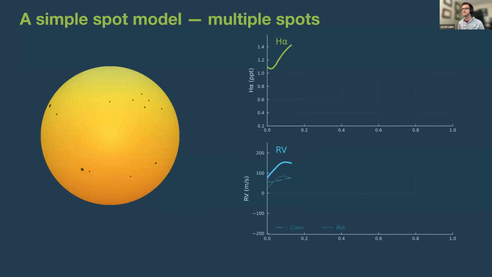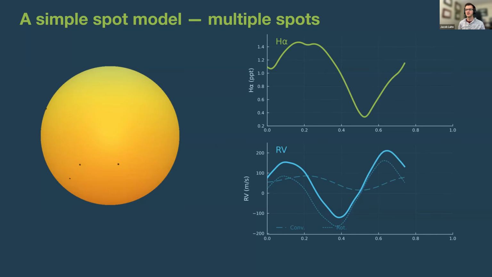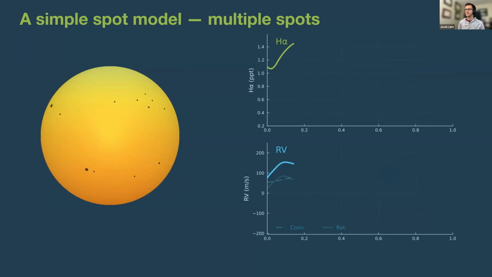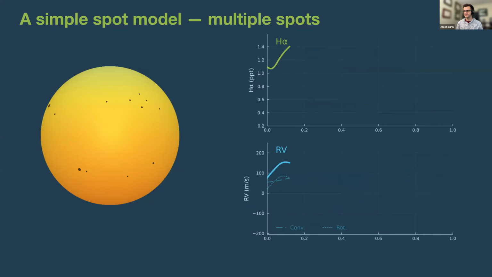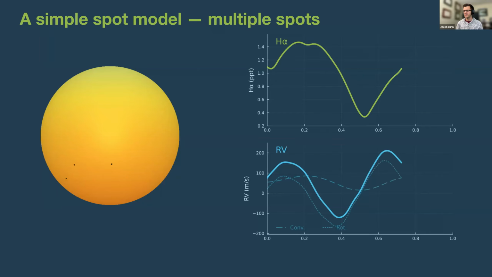And so if we turn back to this multiple spot configuration, we see behavior that looks very similar to what I showed for 26965. We see that the RVs and H alpha appear to be very well correlated, but the RVs are leading the H alpha time series, so indicative of a time lag between the two.